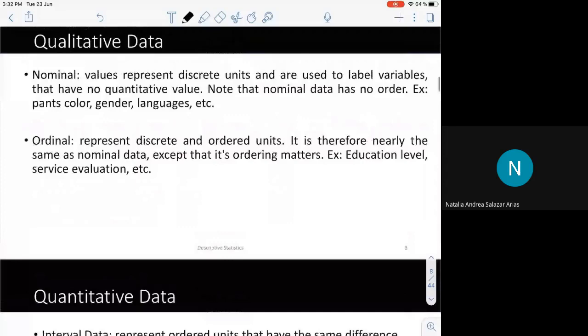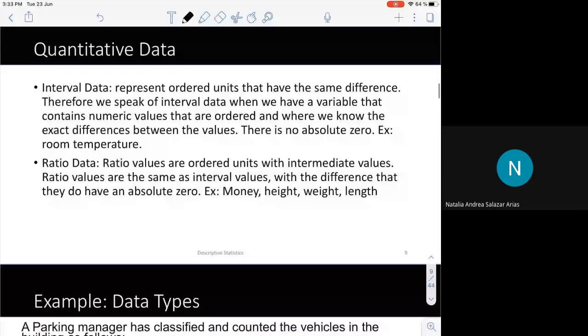Now let's check quantitative data. For quantitative data, we have two types. This is a very theoretical classification. The most popular classification that you will see is continuous and discrete, but these two are more theoretical: interval data or ratio data.